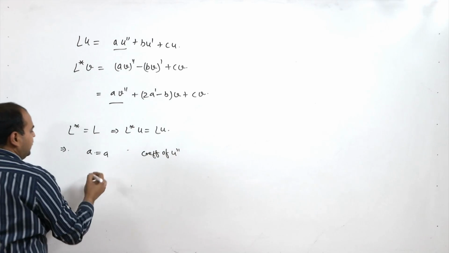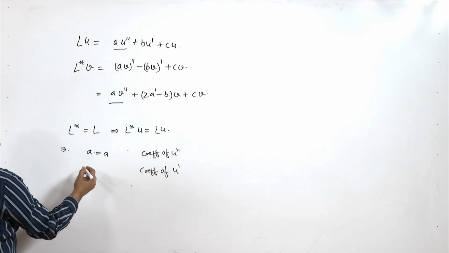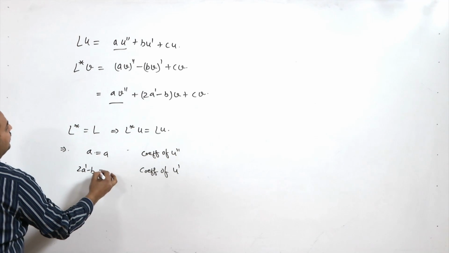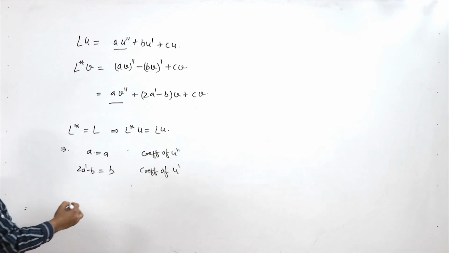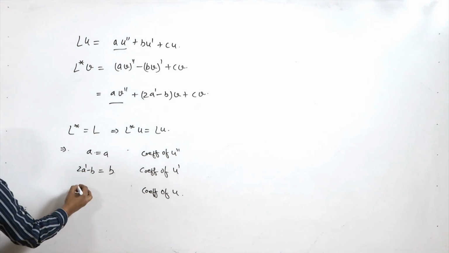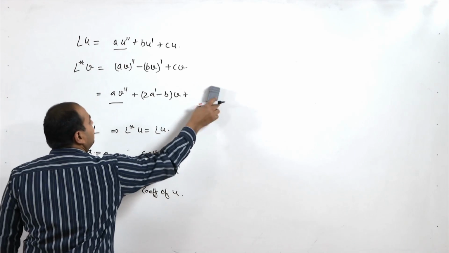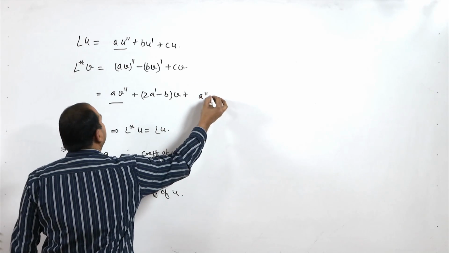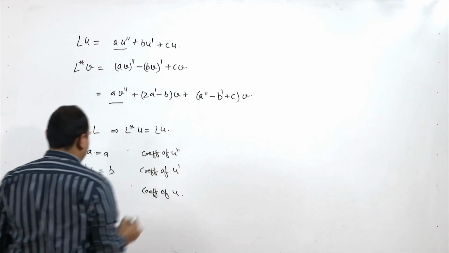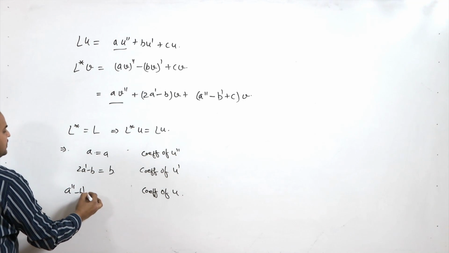The coefficient of u dash is 2a dash minus b on one side and b on the other. And looking at the coefficient of u, we have a double dash minus b dash plus c on one side, which should equal c.